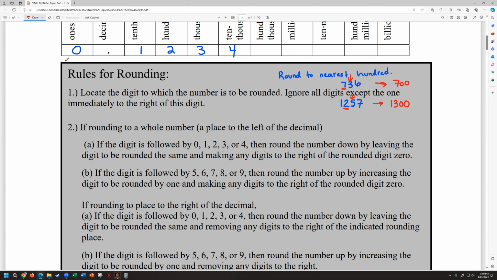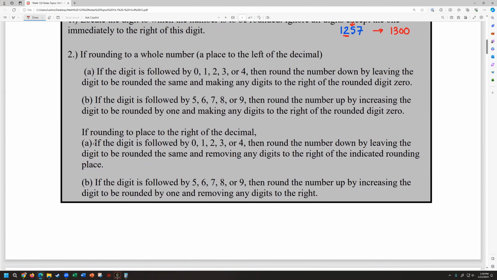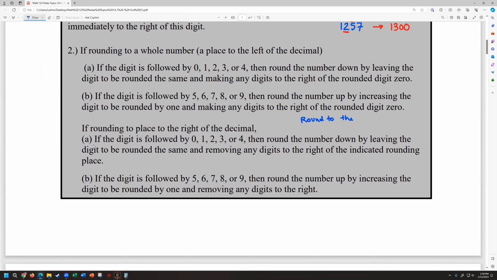Okay. If we're rounding to a place to the right of a decimal value, this is where things can get a little bit different, because we're rounding something into its decimal place values. Let's say my example is round to the nearest 100th. Notice the TH.